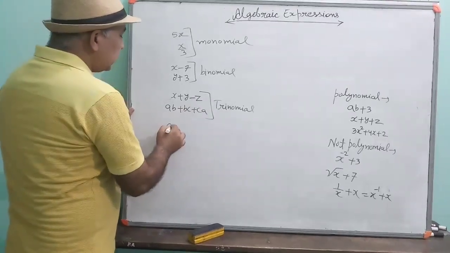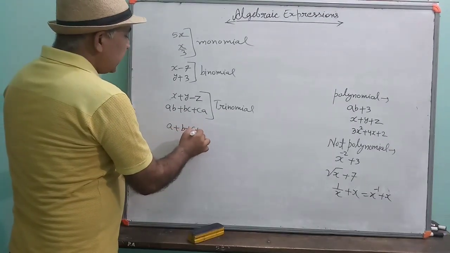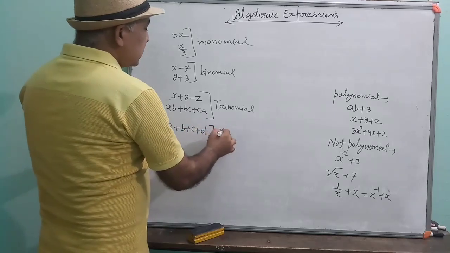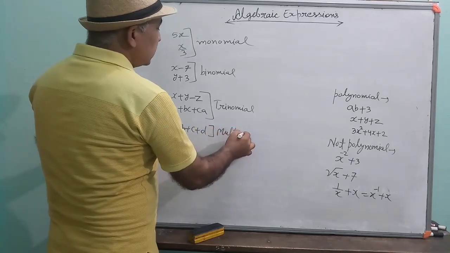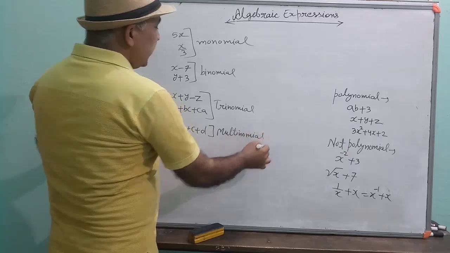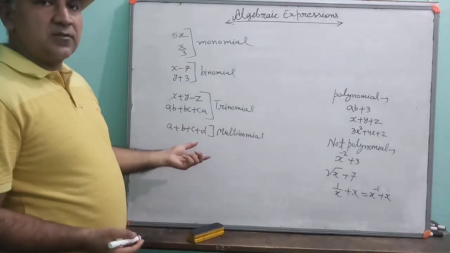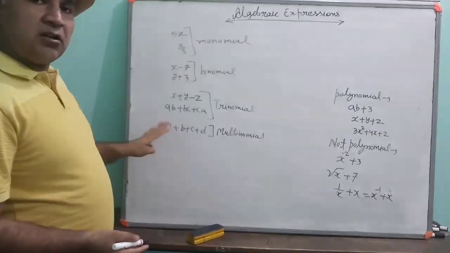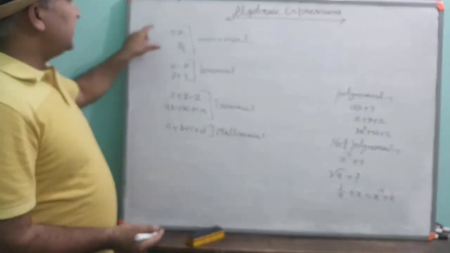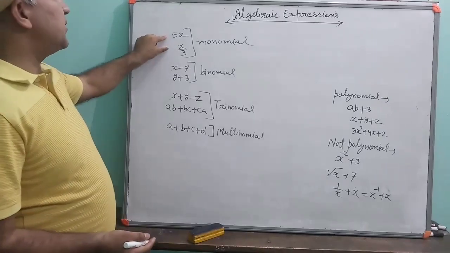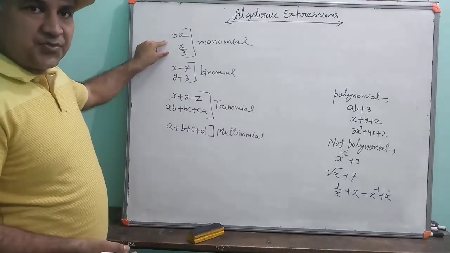Suppose there are more than three terms, A plus B plus C and so on, that is called multinomial. If there are more than three, then all will be called multinomials. Understood? These are also polynomials, but their special name is on the basis of the number of terms.